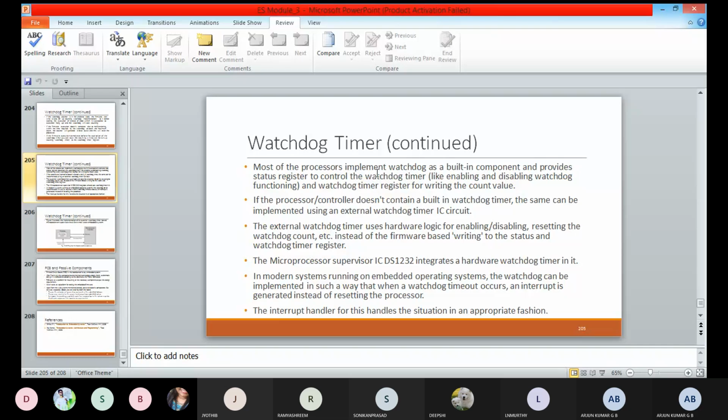This is the external watchdog timer IC that will be connected to your processor or controller.